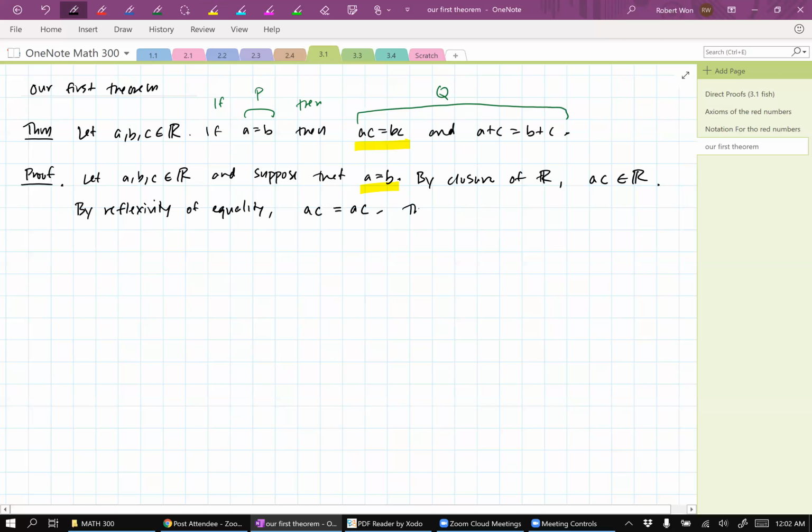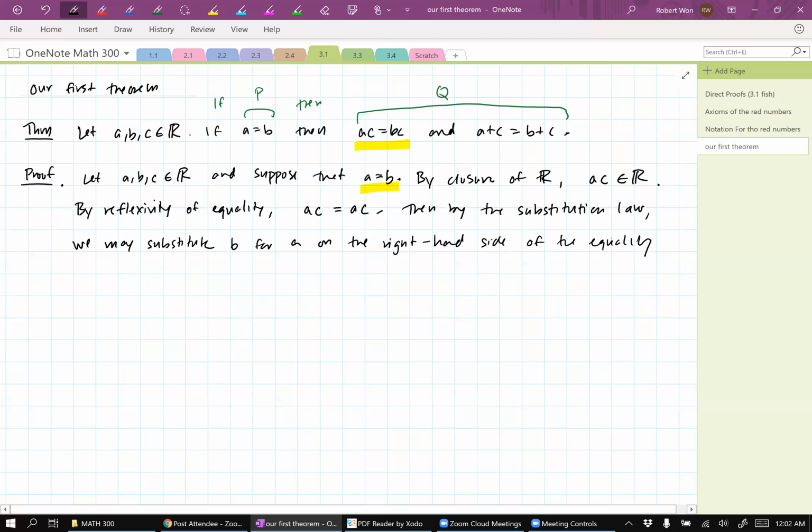So then by the substitution axiom, we may substitute B for A on the right-hand side of the equality, because that's a mathematical statement, to deduce that AC equals BC, right? Since AC equals AC was true, if I substitute B for A, I don't change the truth value, therefore AC equals BC is true.